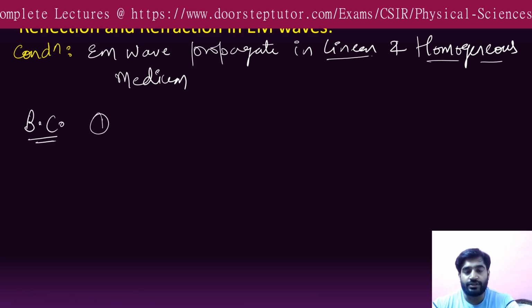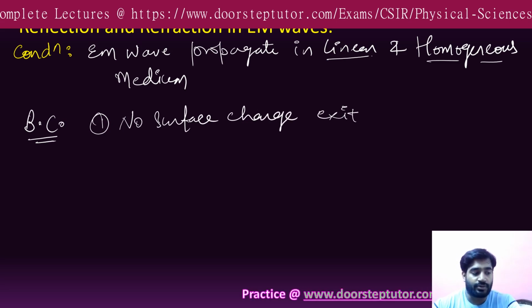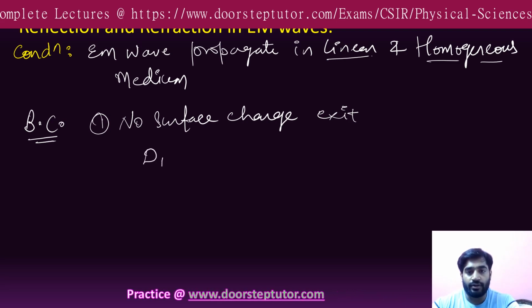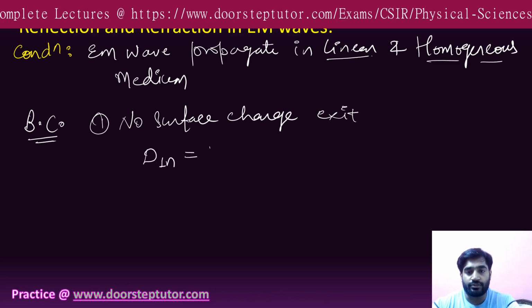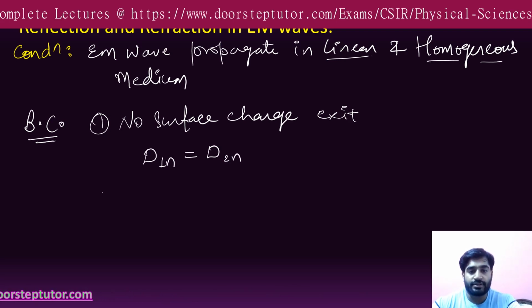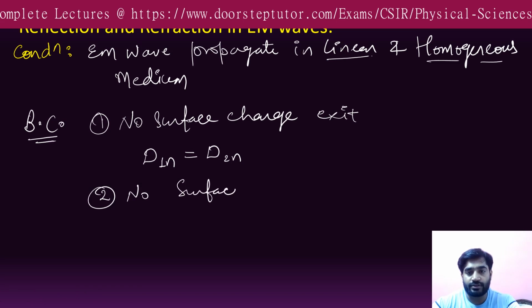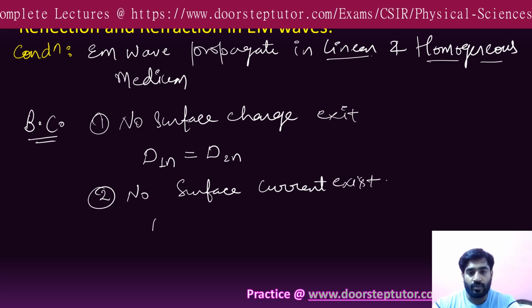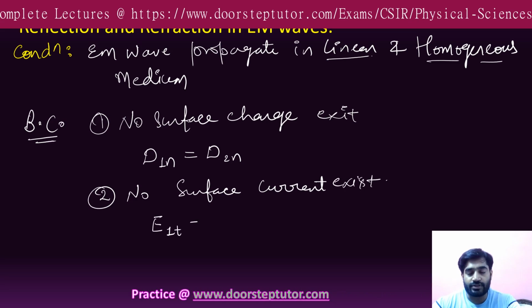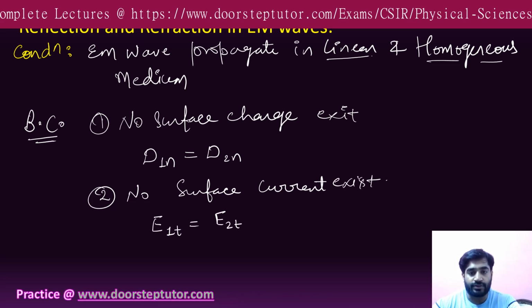The first condition is when no surface charge exists, then D1n is equal to D2n. The second one is no surface current exists, then E1 transverse is equal to E2 transverse.